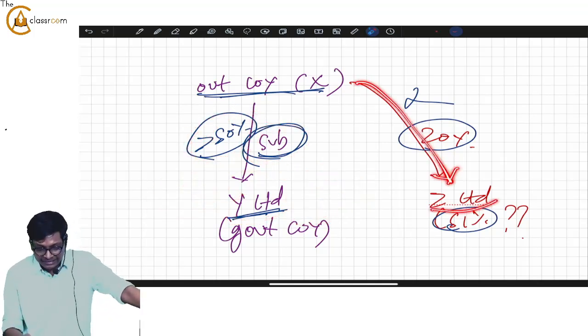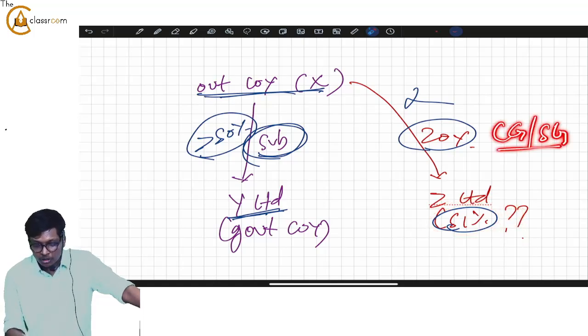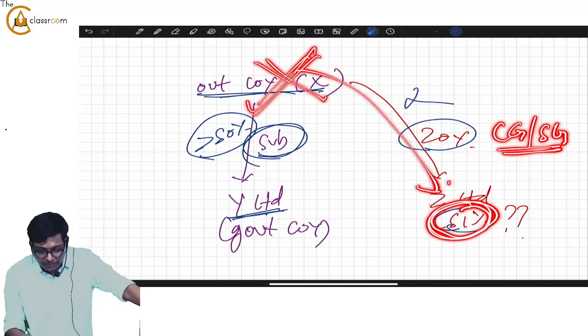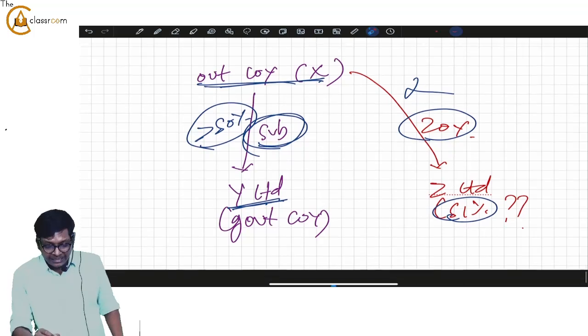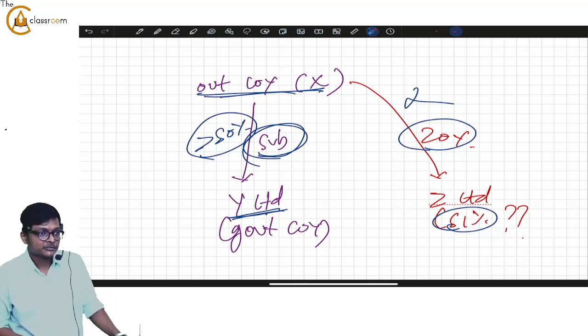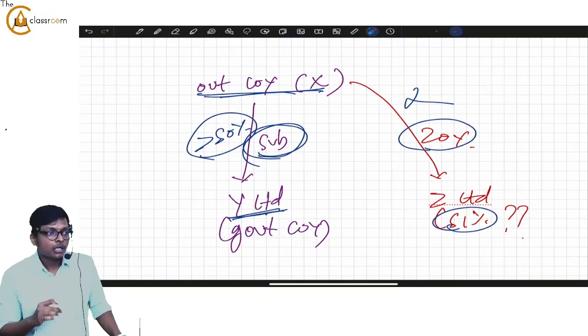Here, X in Z is having only 20%. The law says for counting this 51%, count only the shares of central government or state government. In counting the 51%, don't take the count which a government company has in me. Unless this government company has more than 50%, then the second limb of the definition will come. Second limb is what? A subsidiary of a government company becomes a government company.